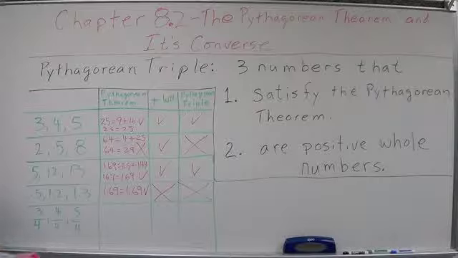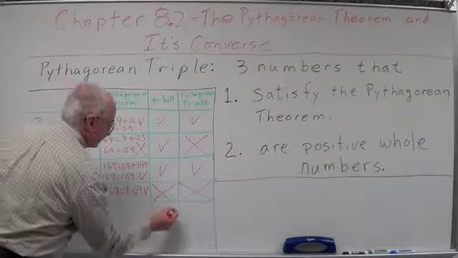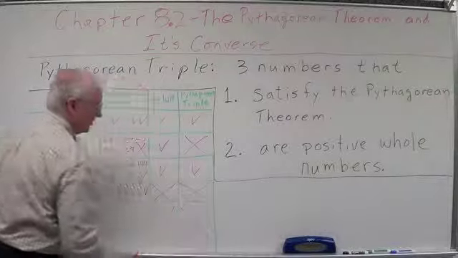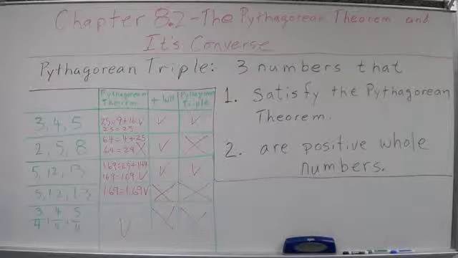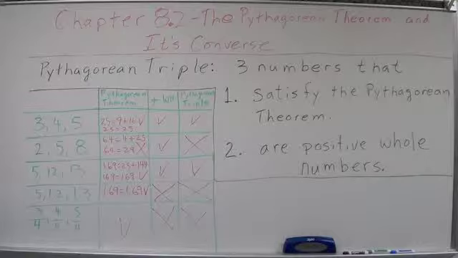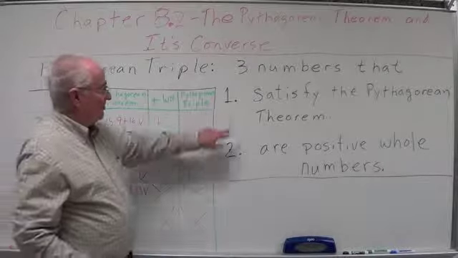Yes, so this satisfies it. But are they positive whole numbers? No, they're not. Are they a Pythagorean triple? No. Let's try this: what if we had negative numbers? They wouldn't satisfy, would they? And that's what a Pythagorean triple is about. It has to satisfy these two conditions.